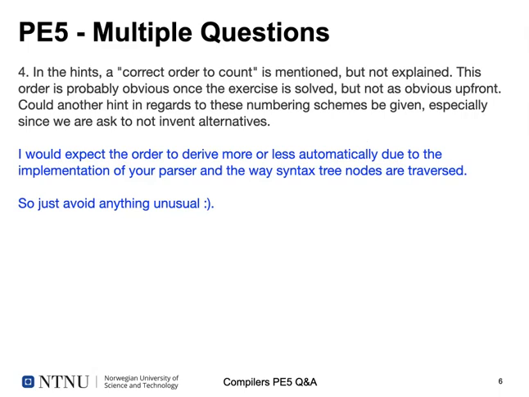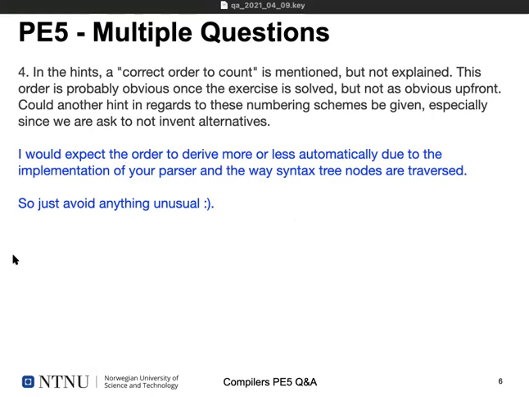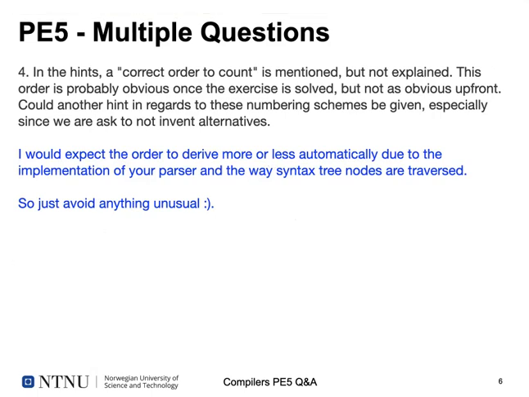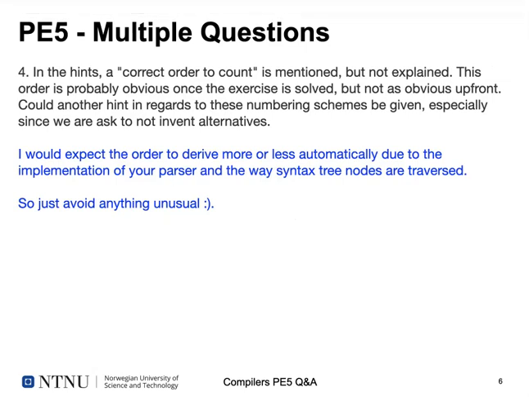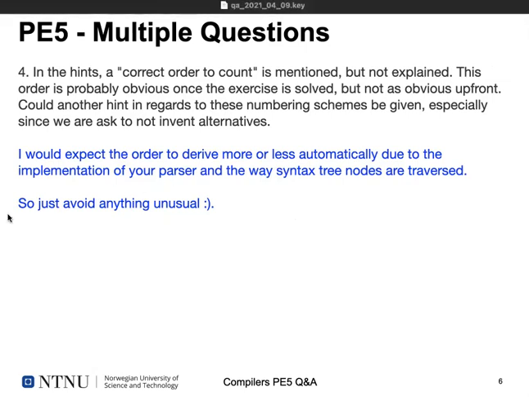That was my interpretation of the question. But in any case, you have an expected output example. So if you're unsure, just compare your output to the expected output example, and you should figure out that there's no special magic in your compiler here.